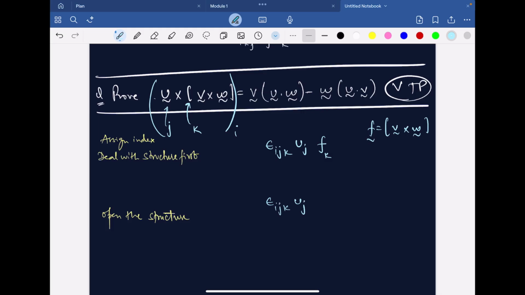Whatever f is, its outcome should have the first index as k. And a very important point here: you should not do kij, you should not do kim. These are all wrong. You should keep in mind never to repeat the indices i and j here. Take anything but i and j. But you have to start with k because f has k.